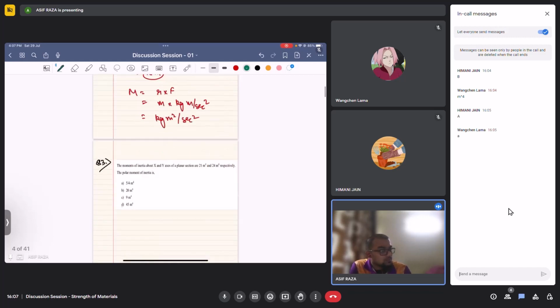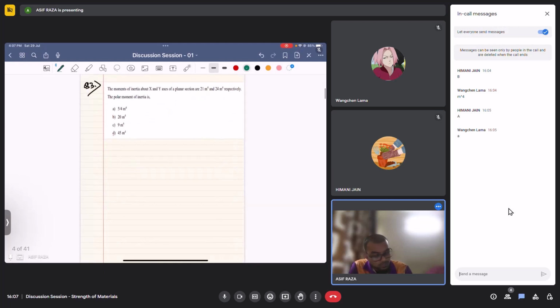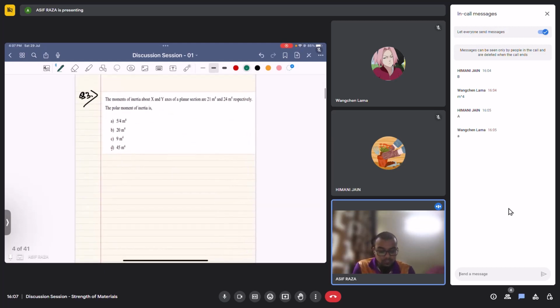Okay, let's move on to the next question. The question is: the moment of inertia about x and y axis of a planar section are 21 meter to the power 4 and 24 meter to the power 4 respectively. The polar moment of inertia is, the options are 5 by 4, 29, and 45. So what do you think? What is the answer, and how would you get it?